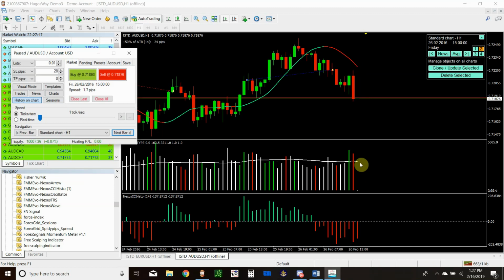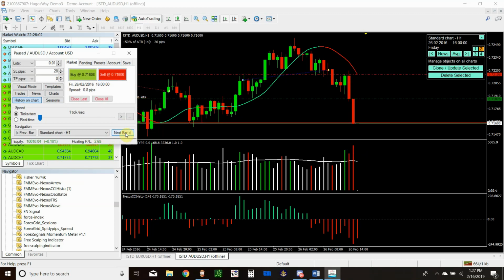Okay, so here we go. So now we got another short signal right here. We've got red on the HMA, red on the volume, red on the CCI. So we're going to sell there.